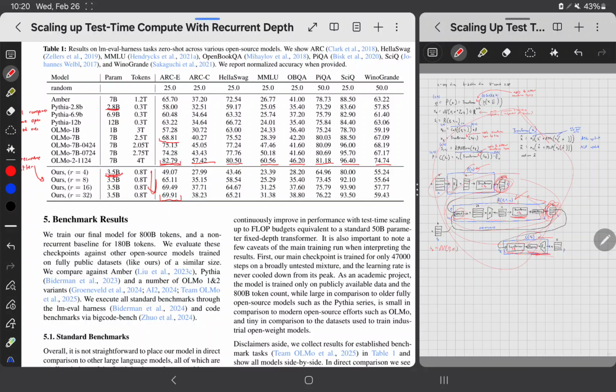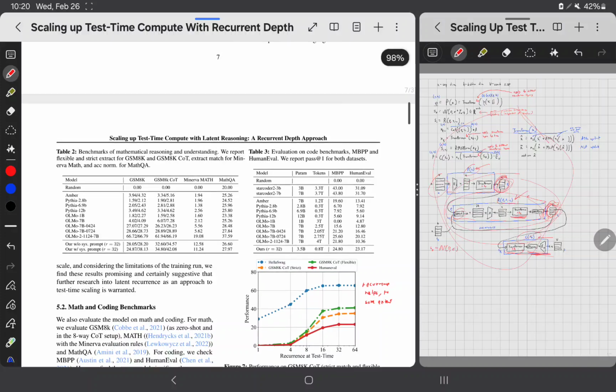Well, it's similar to one of the default 7 billion parameter models, but for a really good 7 billion parameter model, it's still not as competitive. But it's pretty impressive that it can get this good of results on these benchmarks with just this recurrence operation and, say, half the parameters. So to me, that's promising that this recurrence actually does make a difference.